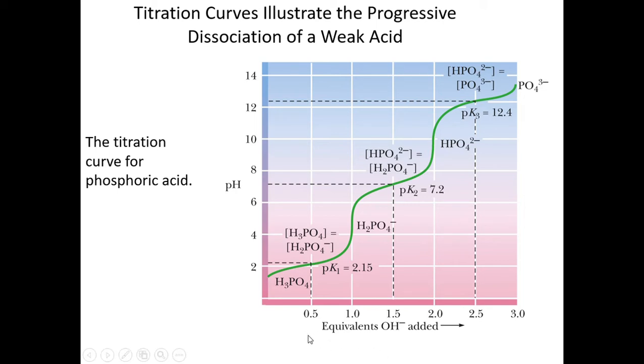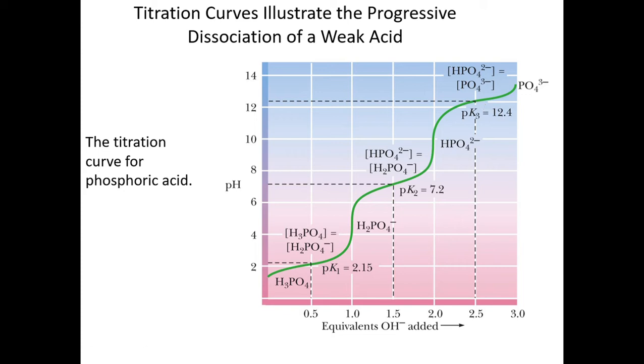Again, on the bottom, we're adding equivalents of hydroxide ion, which is going to increase the pH. This is the midpoint of the pK1. So here we have equal portions of H3PO4 and H2PO4 minus. We continue to add hydroxide. We reach our second pK, where we have equal concentrations of H2PO4 minus and HPO4 2 minus, until we get to that third pK where we've lost the third hydrogen.